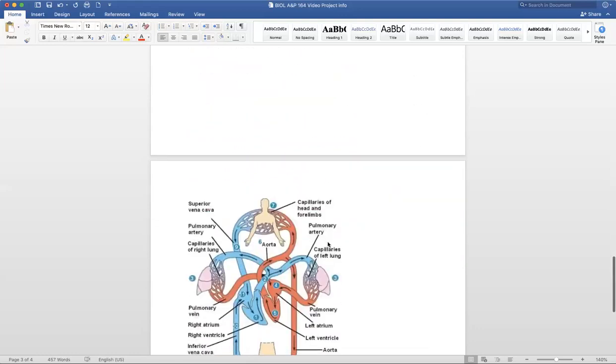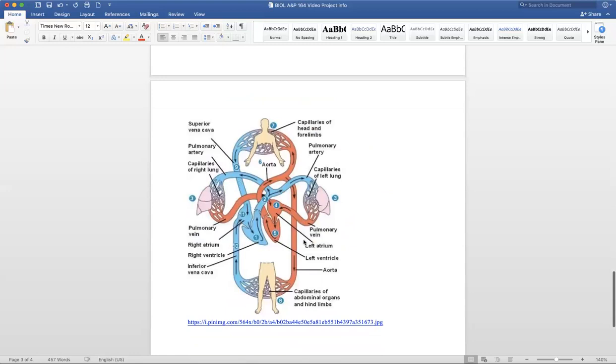All right, and here I have a picture, and this is helping me explain the saturation of your blood versus how the blood goes through your body. These are all labeled, but I just use this picture as a great way to describe exactly where the blood flows.